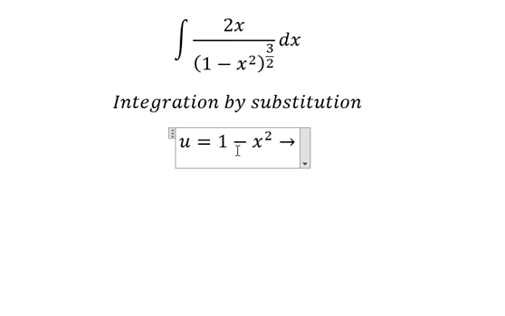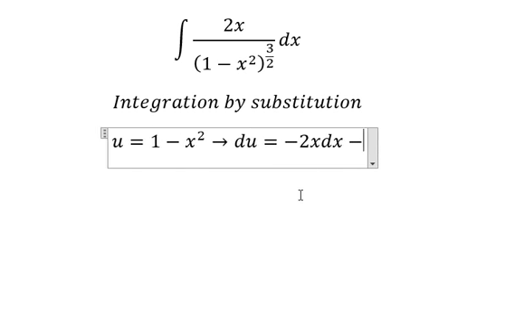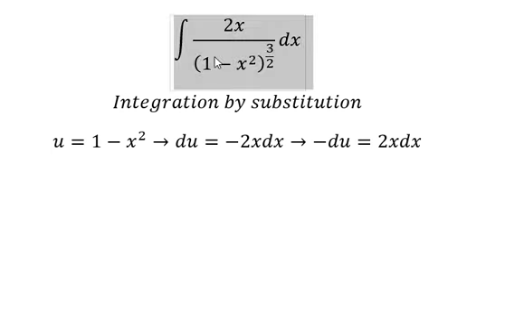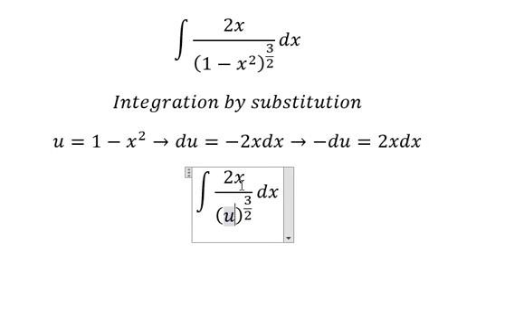Then we take the first derivative of both sides, and you get negative 2s ds. Because we don't have the negative sign in here, I will move the negative to the left. This one we change to u. 2s ds we change to negative du.